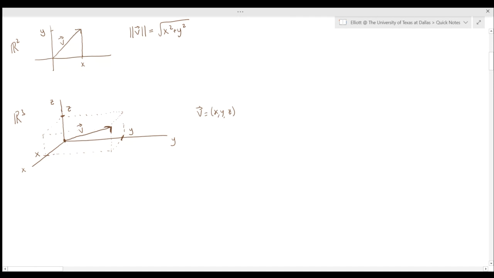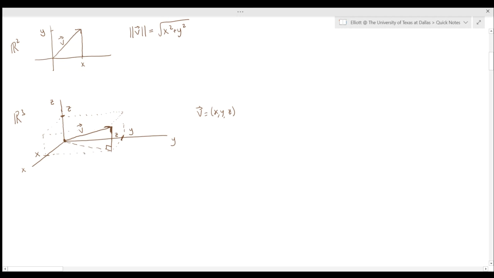And if I want to get the length or the norm of this vector, what I can do is use this right triangle that I have in the picture. So we know the height of this triangle would be given by z. And then to get the length of the base of this right triangle, think of it as a vector in the xy plane with components x and y.